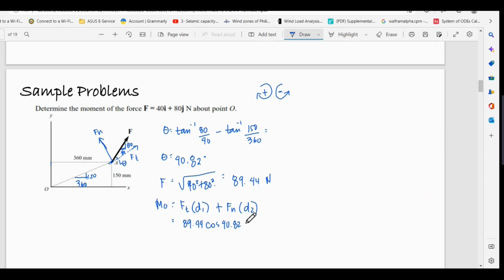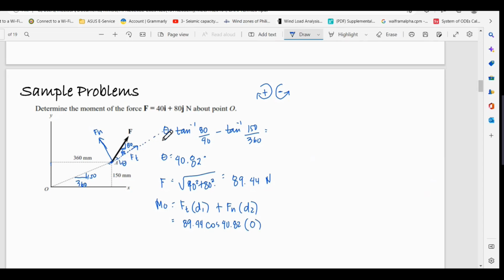So, ano yung maging distance ngayon yan? That is perpendicular to our point O. So, the distance that is perpendicular to our point O is equal to 0. Bakit 0? So, this is the line of action of our force Ft.